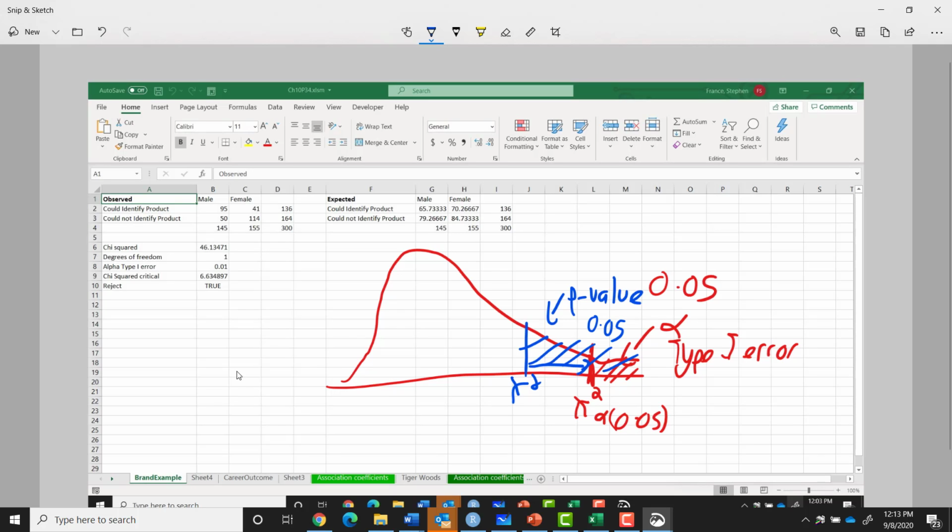So what we did before, our chi-squared being bigger than the critical value, is equivalent to saying we reject if my p-value is less than alpha. In R, we don't have to worry about critical statistics. R will calculate the p-value for us, and we reject if the p-value is less than alpha.